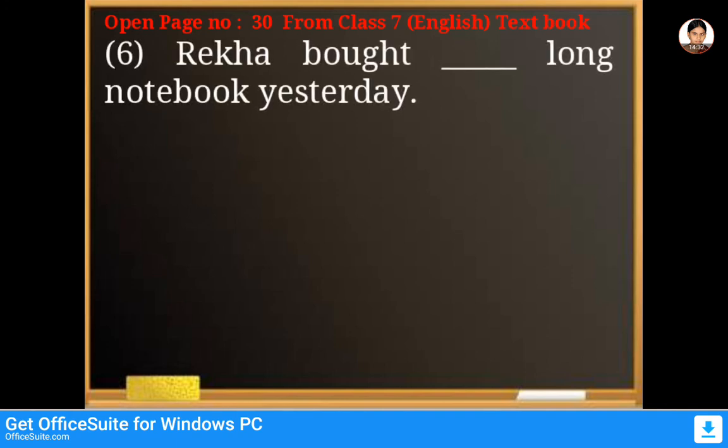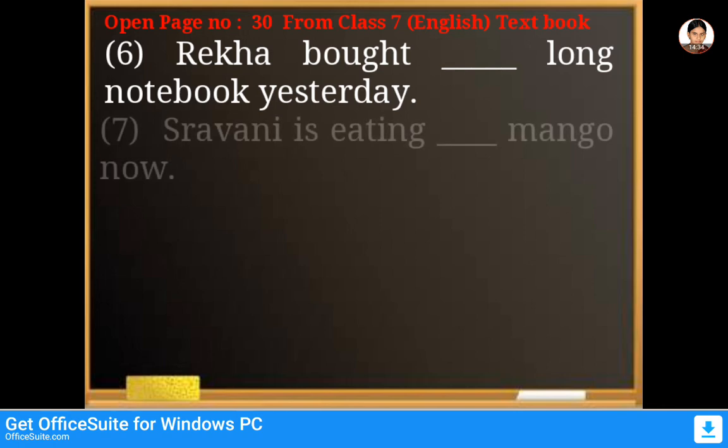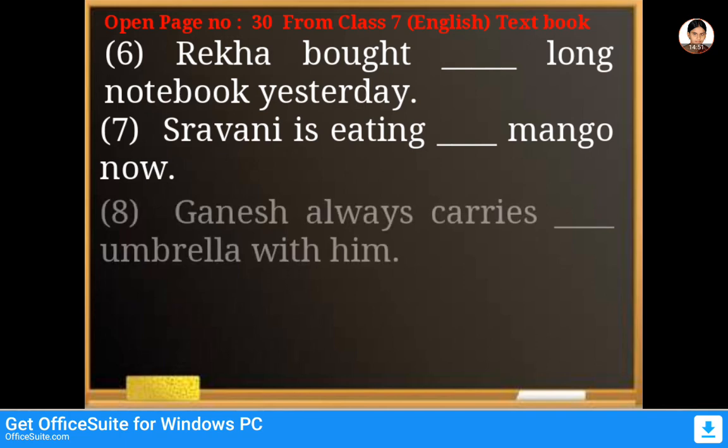Rekha bought dash long notebook yesterday. Shravani is eating dash mango now. Here, what are the answers, children? A long notebook yesterday. Eating a mango now. Ganesh always carries dash umbrella with him.